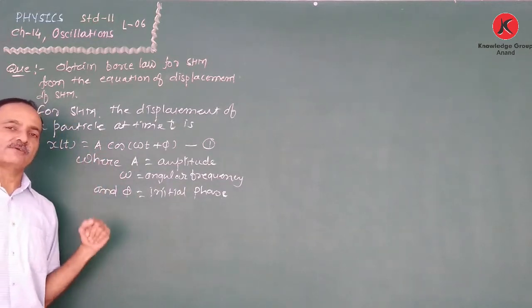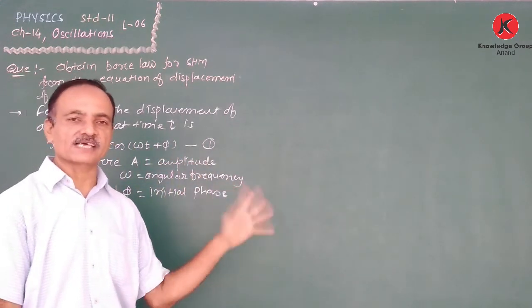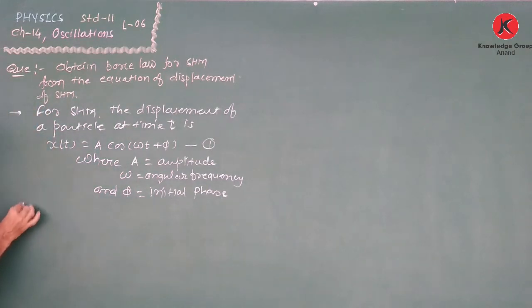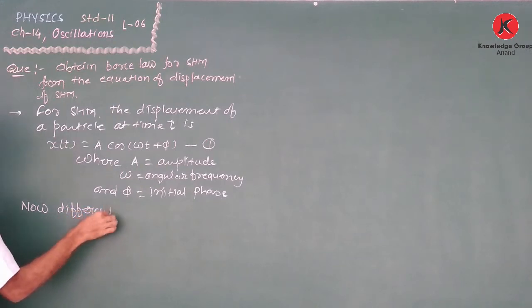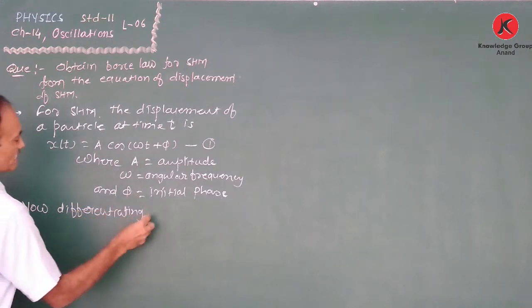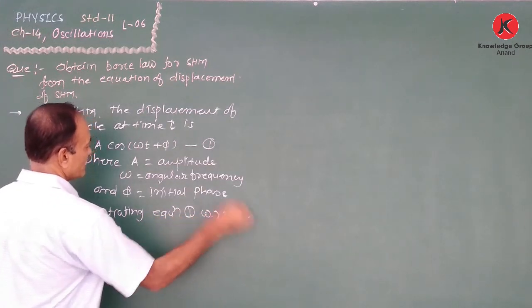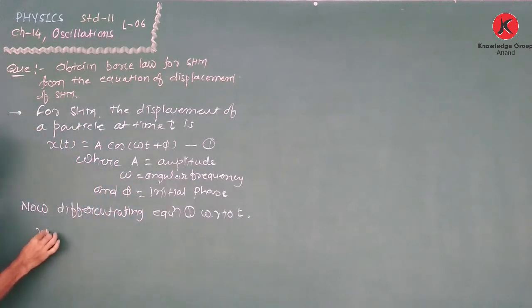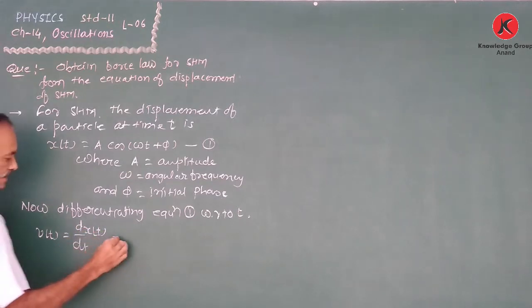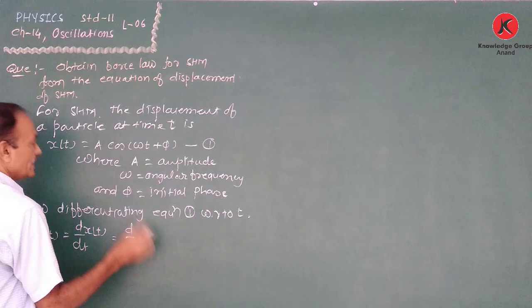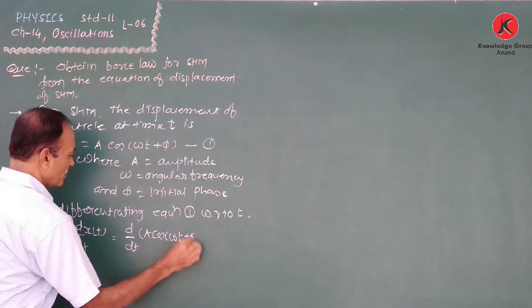We know that F is equal to ma, therefore the acceleration is required, so to get the acceleration we have to take the derivative of equation 1. Now, differentiating equation 1 with respect to time t, velocity v(t) is equal to d by dt of x(t), which is d by dt of A cos(omega t plus phi).